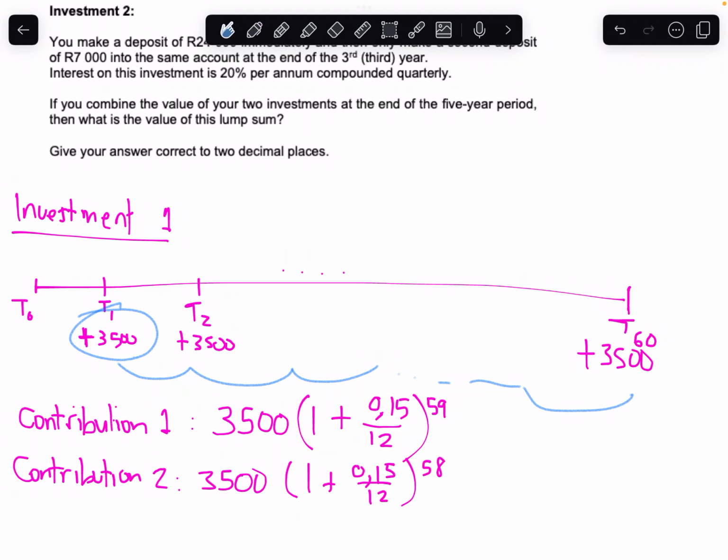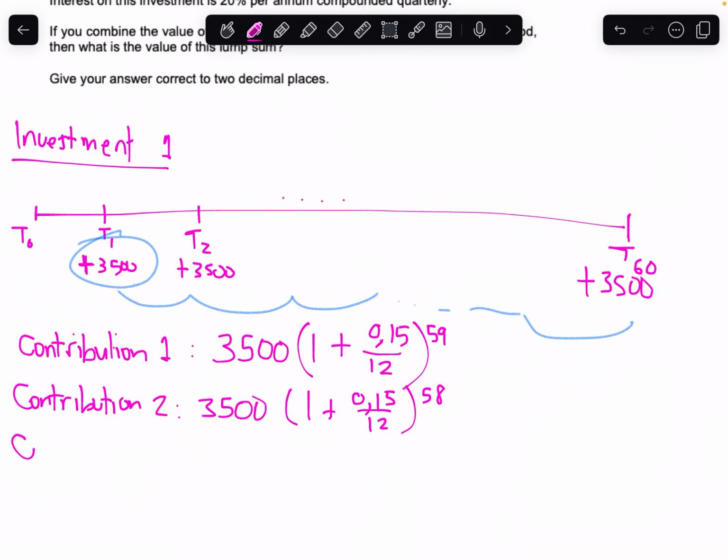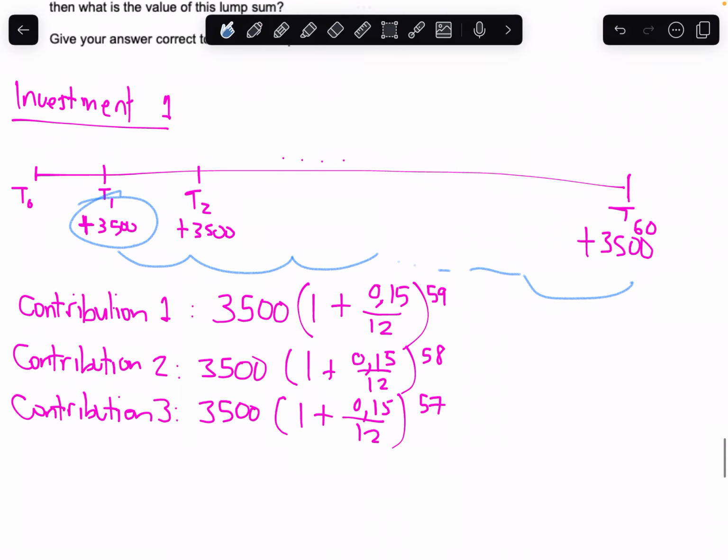At this point I hope we see the pattern. Contribution number 3 will grow for 57 months, and all this right up until your last contribution, contribution 60, which is not going to earn any interest, because at that point you would take the money out.